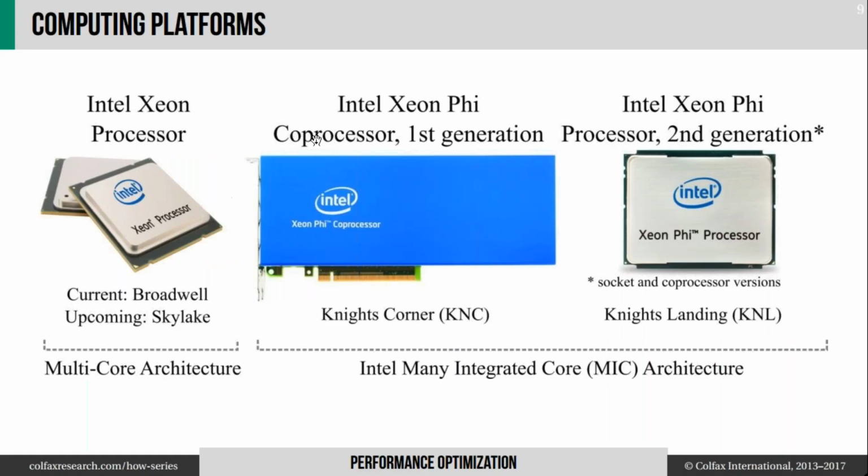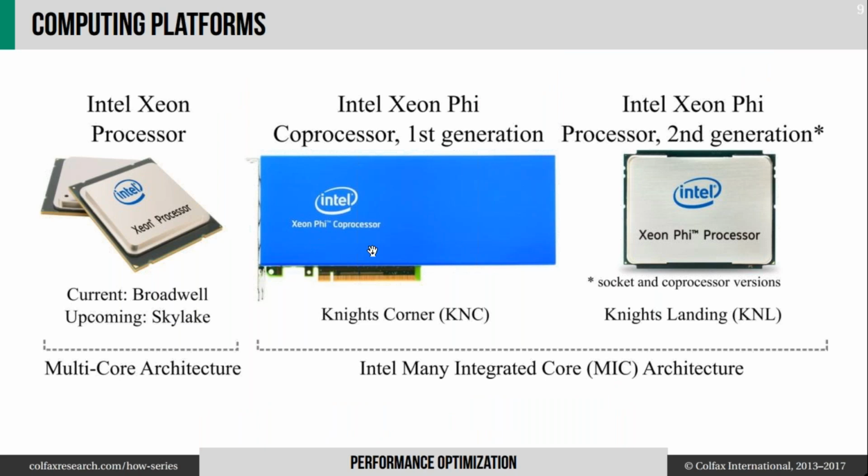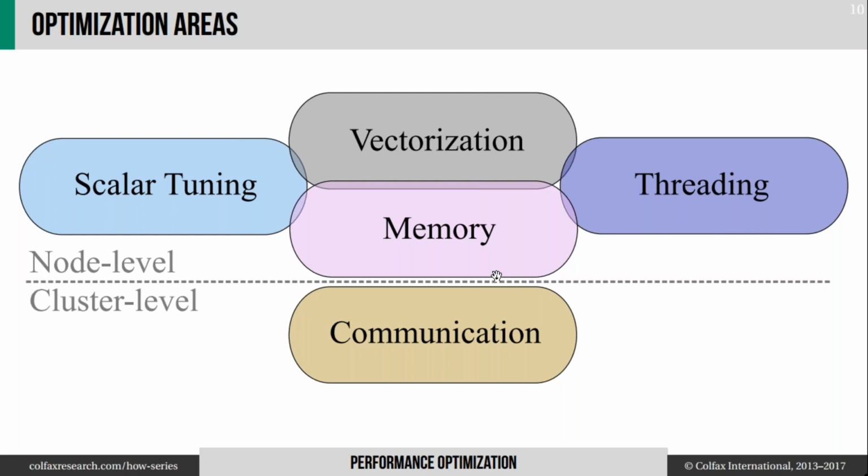When we talk about performance optimization, we are going to target the platforms that we have in the cluster, Xeon and Xeon Phi. But once again, my goal is to show you not how to tune for a particular platform, but how to program in such a way that your application is aware of the fundamental building blocks, and therefore you can design a single code that will be portable across existing platforms and also future-proof, ready for the upcoming generations of Intel processors and Intel-like processors.